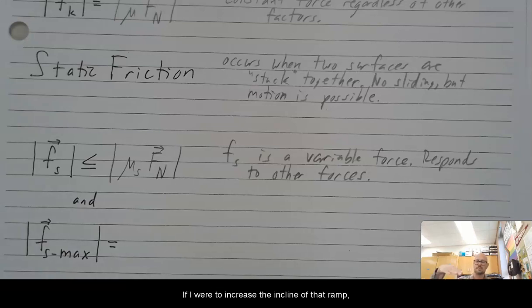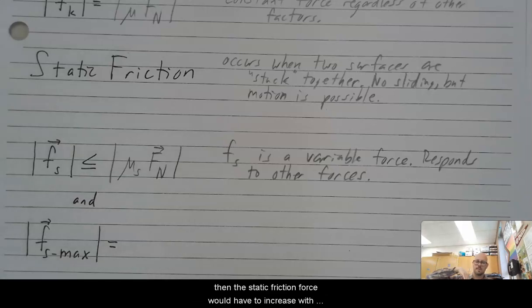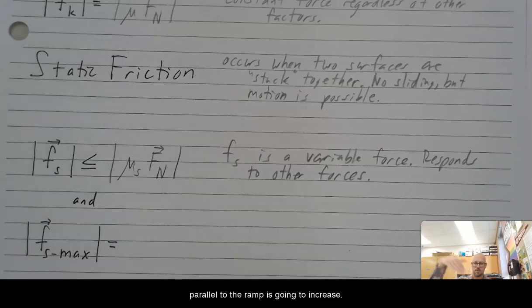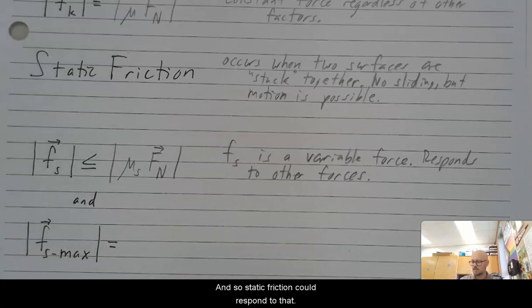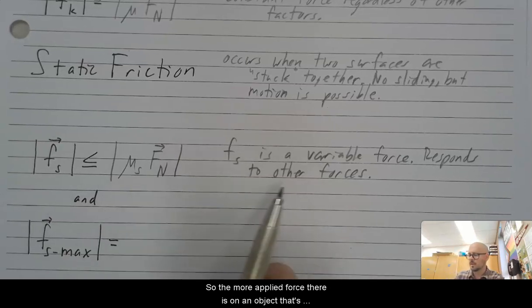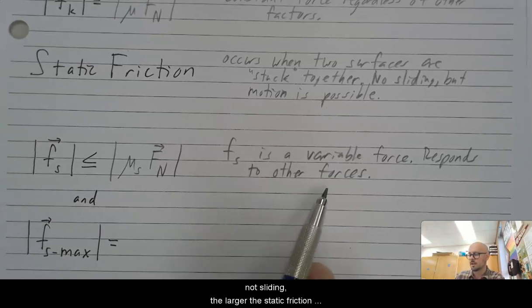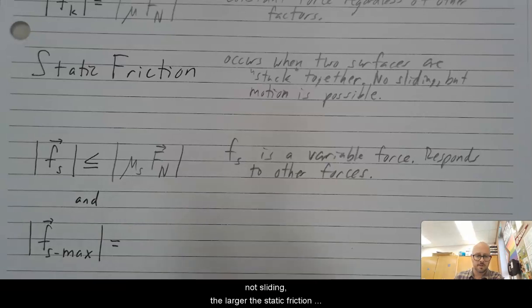If I were to increase the incline of that ramp, then the static friction force would have to increase with it, because as I increase that angle, the component of gravity parallel to the ramp is going to increase. And so static friction could respond to that.